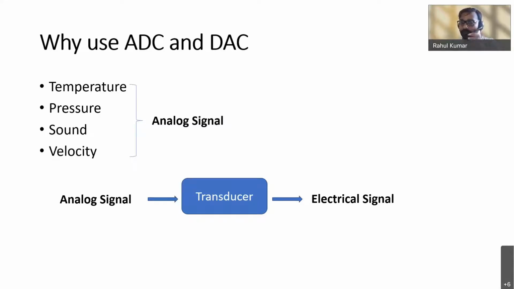All those data are analog. Then you have sensors which convert these analog signals into electrical signals. Again, those transducers do this process of analog to digital conversion.